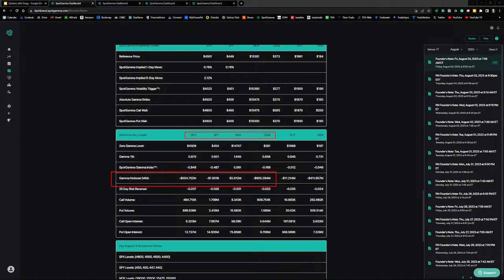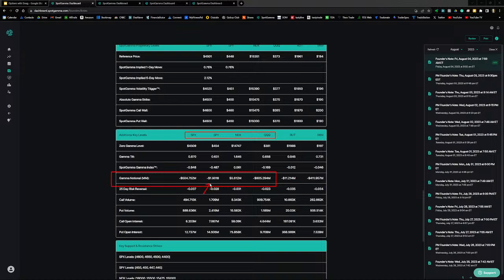And note for SPX, SPY, and QQQ, the numbers are all negative, more negative than yesterday. NDX, that's typically not significant. So the gamma notional became more negative for SPX, SPY, and QQQ. And note the numbers, especially for SPY.